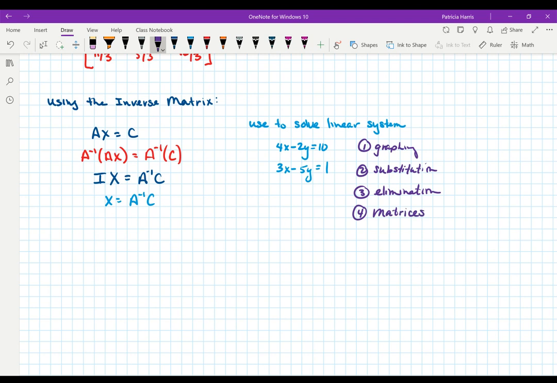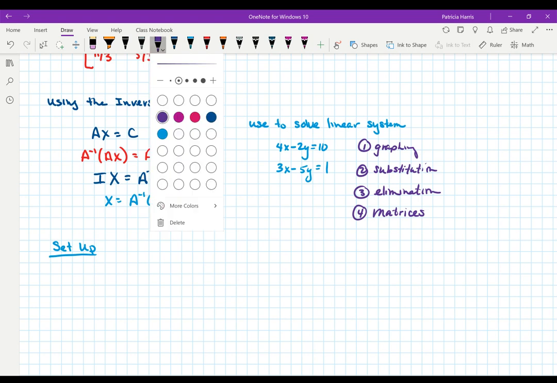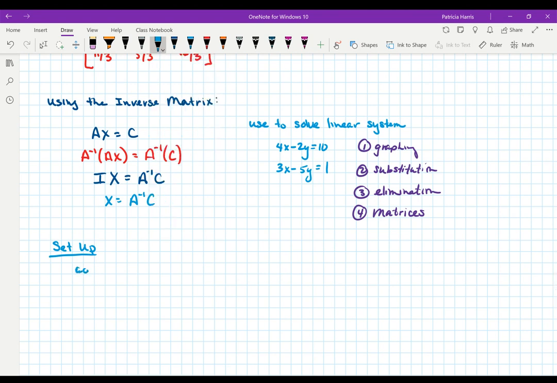So the basic setup for this is you're going to turn your linear system into a matrix equation. It's going to look like this. You're going to have your coefficient matrix, and then you're going to multiply that by what we call the variable matrix.